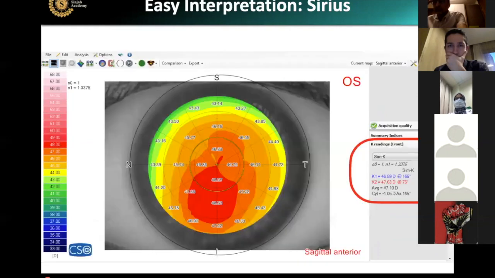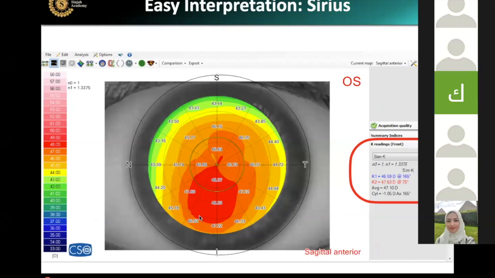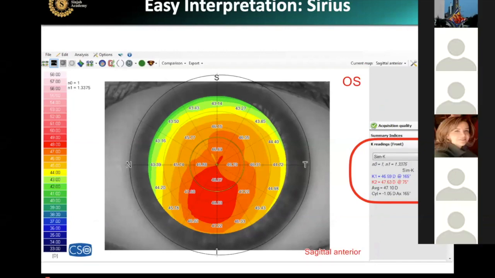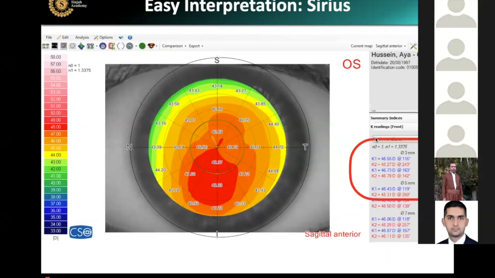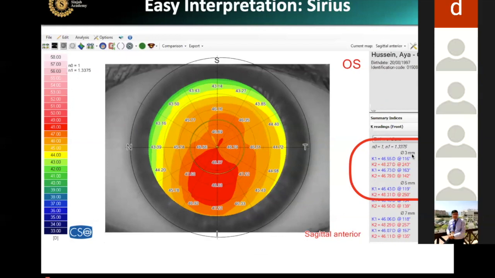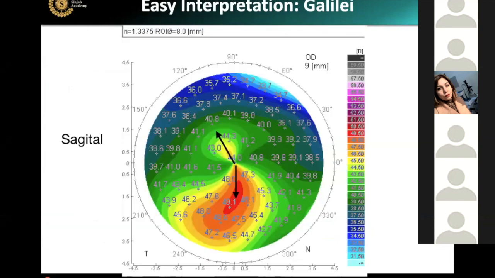This is another case, as you see, it is keratoconus, and you cannot guess the skewed radial axis. If you click on the SIM-K, as you see, it seems that it is straight. While if you choose the hemimeridians on the 3 millimeters, you will find a very high angulation between the red segments.